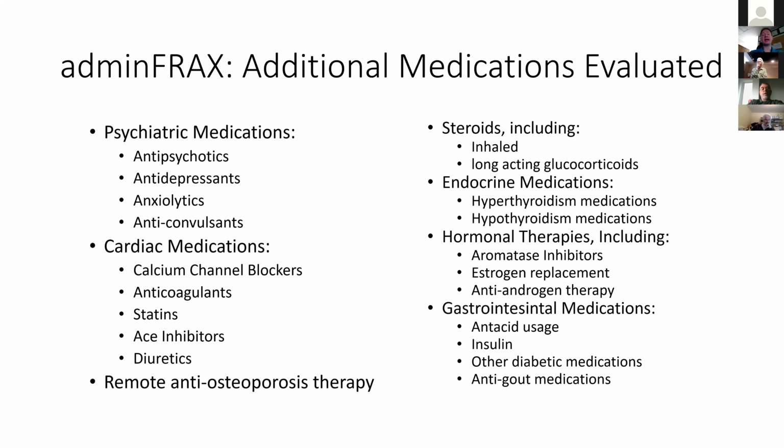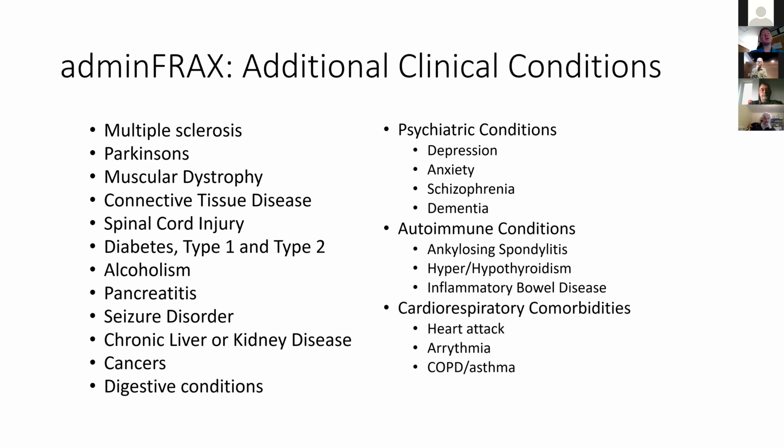I included a variety of steroids in their various forms, some endocrine medications, such as for hyperthyroidism and hypothyroidism, hormonal therapies, aromatase inhibitors, estrogen replacement, anti-androgen therapy in prostate cancers, as well as a variety of gastrointestinal medications like PPIs, medications associated with diabetes. Then I included a variety of new clinical risk factors as well.